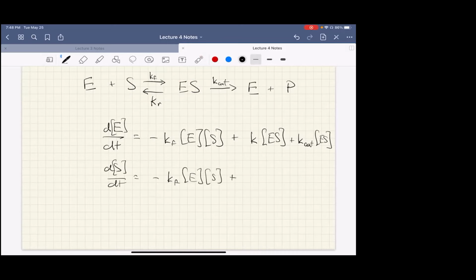I gain S through the backwards reaction here. Sorry, this should be up here. This is KR. So KR ES, and I don't get S going this way. So that's the only way I can get S. So that's it.